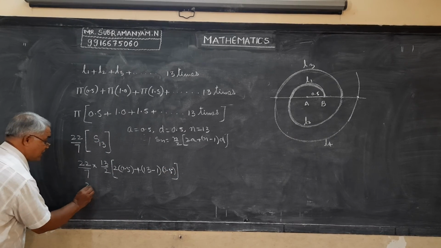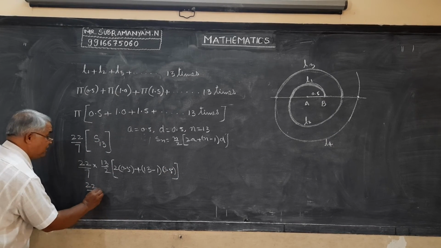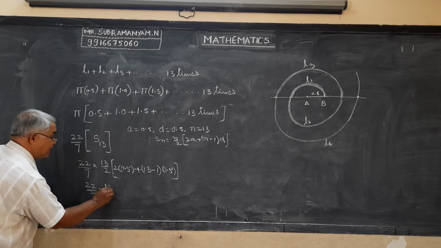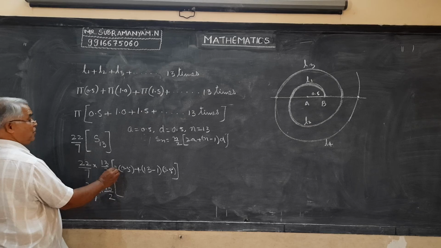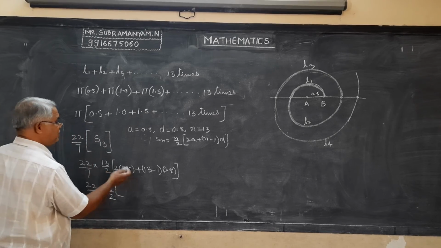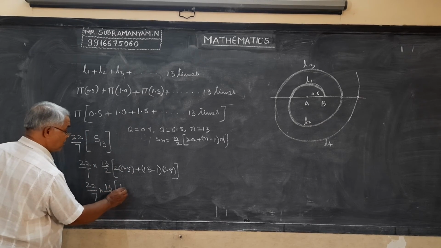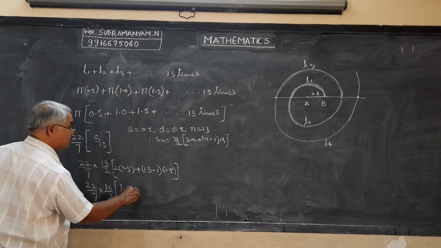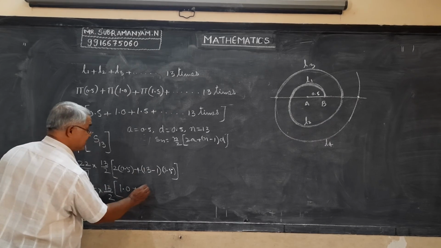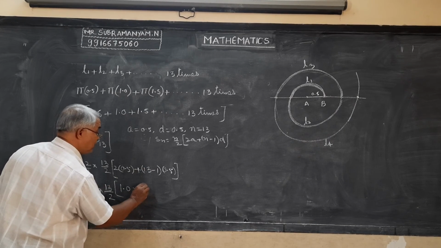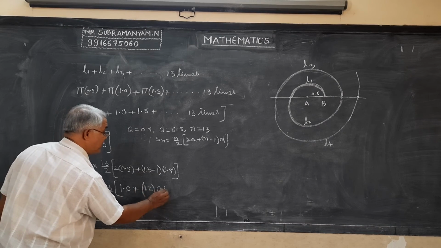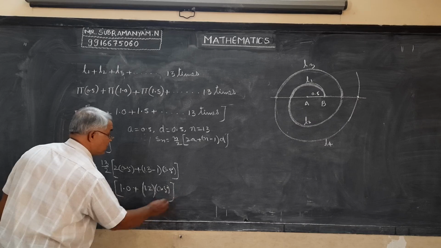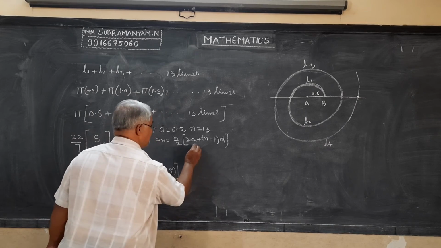So this is 22 by 7 into 13 by 2 into 2 into 0.5, 2 fives are 10, that is 1.0, plus 13 minus 1 is 12, 12 multiplied by 0.5. So we will continue here.